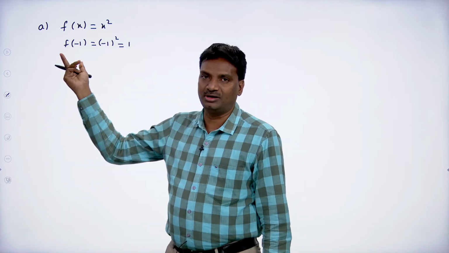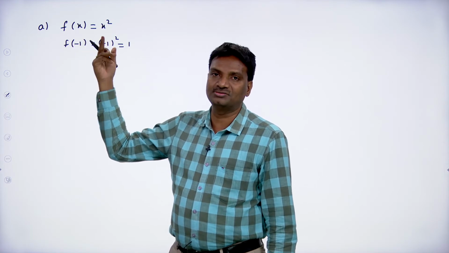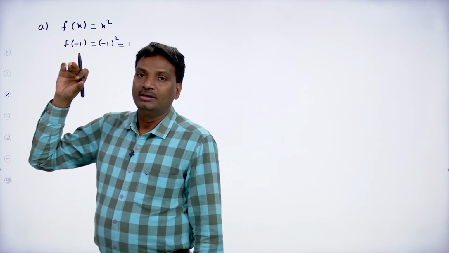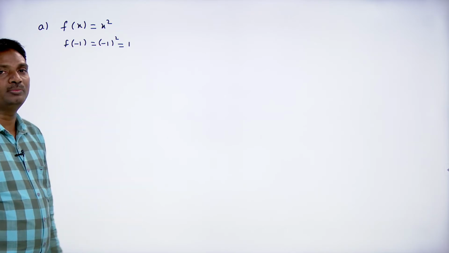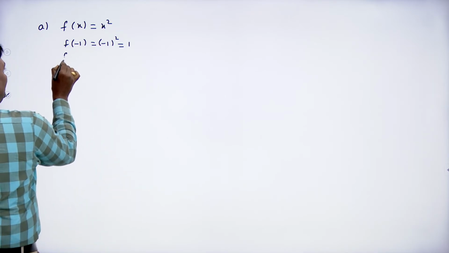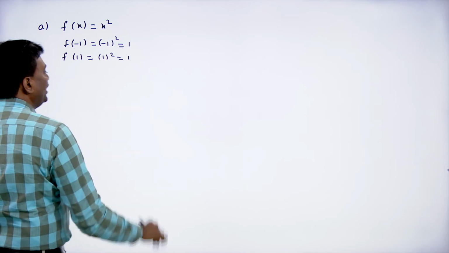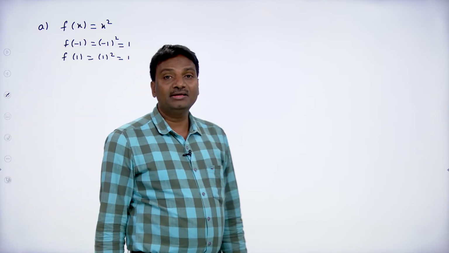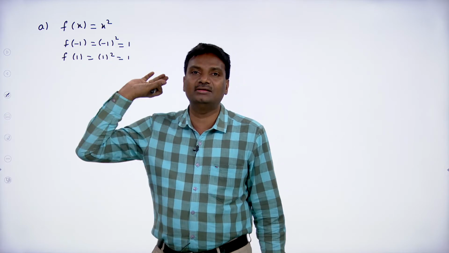You may take +1 or you may take 3, -3, -√2, -√5, +√5, your wish. By taking -1 in place of x, we are getting f of -1 equal to (-1) square equal to 1. In place of x, if you take +1, f of 1 equal to 1 square equal to 1. By taking two different elements -1 comma 1, we have the same image 1.